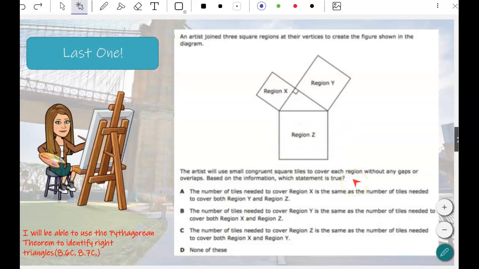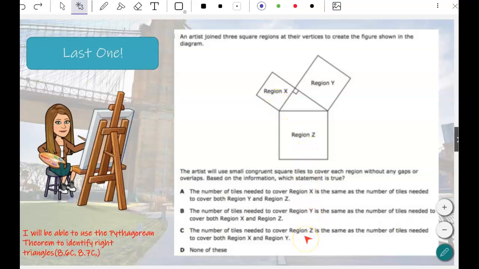It says the artist will use small congruent square tiles to cover each region without any gaps or overlaps. Based on the information, which statement is true? A, the number of tiles needed to cover region X is the same as the number of tiles needed to cover both Y and Z. No, it's going to be the X and the Y added together will equal Z. So it's not A. B, the number of tiles needed to cover region Y, this one, is the same as the number of tiles needed to cover both X and Z. Nope.